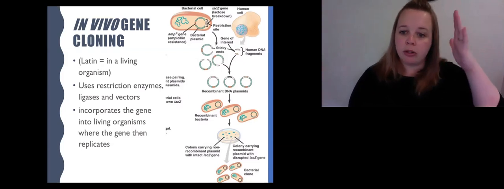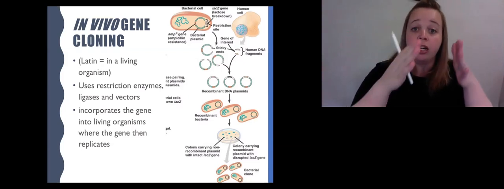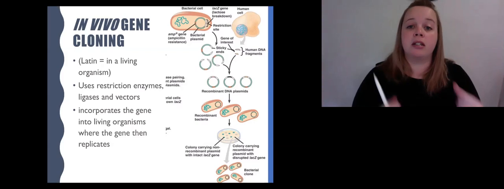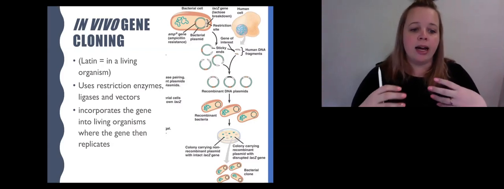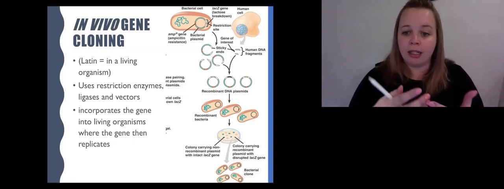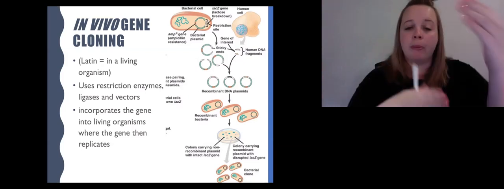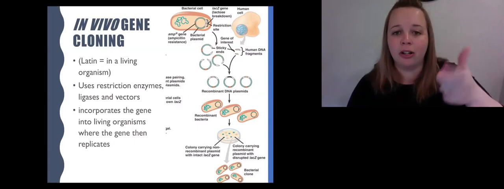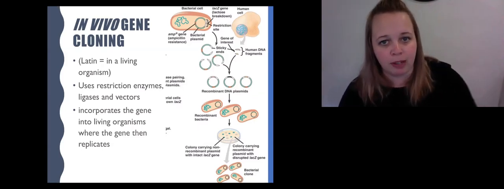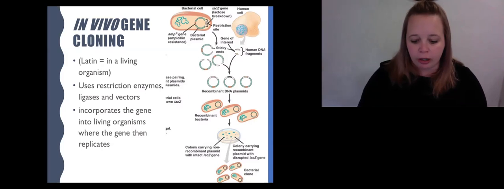We use restriction enzymes to cut out a gene, insert it into a plasmid, stick it together with ligase, and then put those plasmids back in the bacteria and they do the cloning. They reproduce the plasmid, and so they are making many, many copies of that gene.